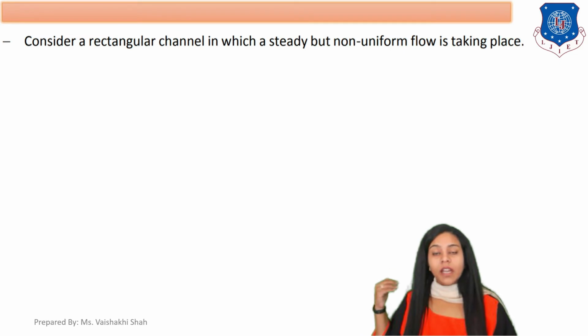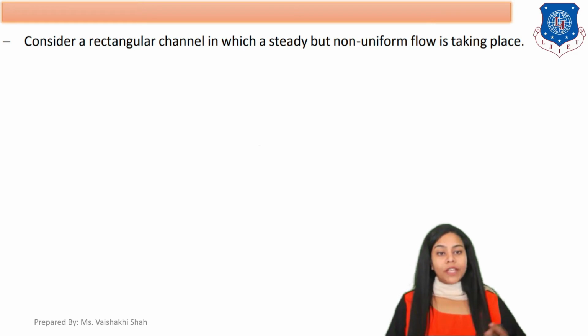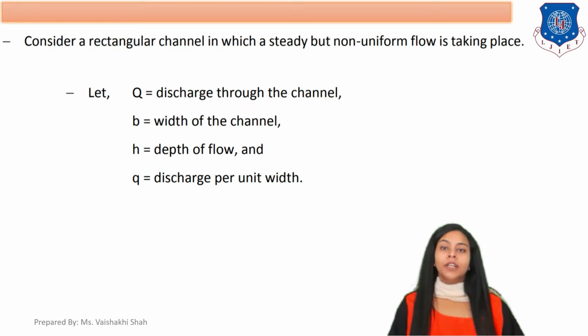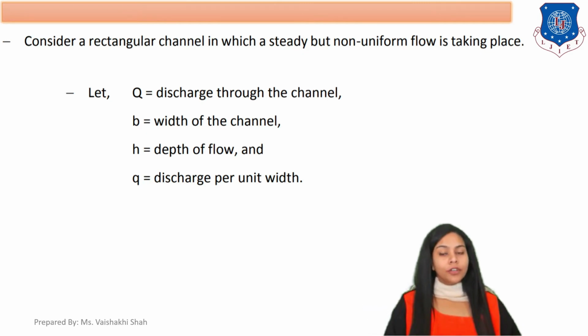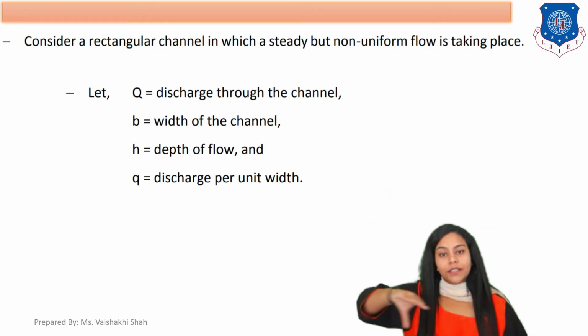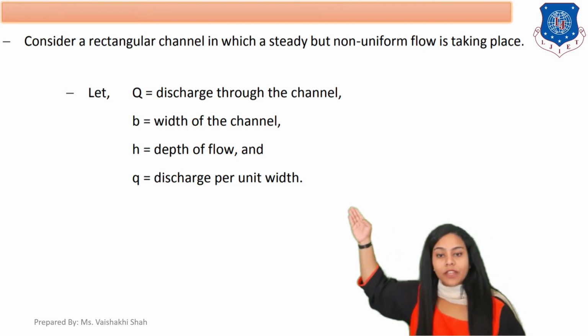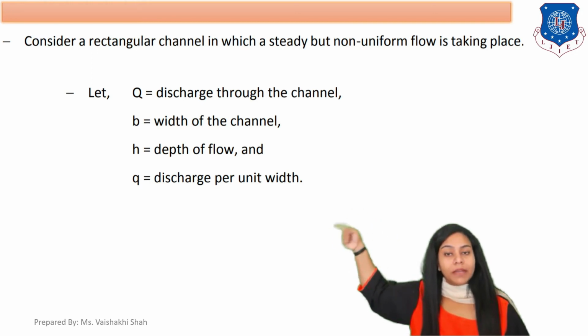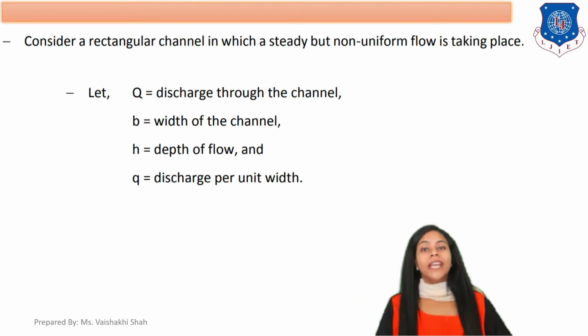Now we are considering a rectangular channel here in which the flow is steady but non-uniform. Here capital Q is the discharge through the channel, B is the width of the channel, H is the depth of the flow, and small q, remember, this is your small q, equals the discharge per unit width.